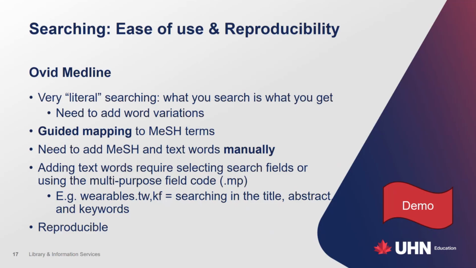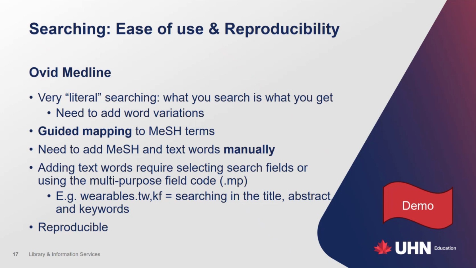And now let's compare this with Medline. So Medline is what we would describe as very literal searching. What you search is what you get. If we did what we did in PubMed and searched wearables, the plural form, it won't search the singular form and it won't search wearability.